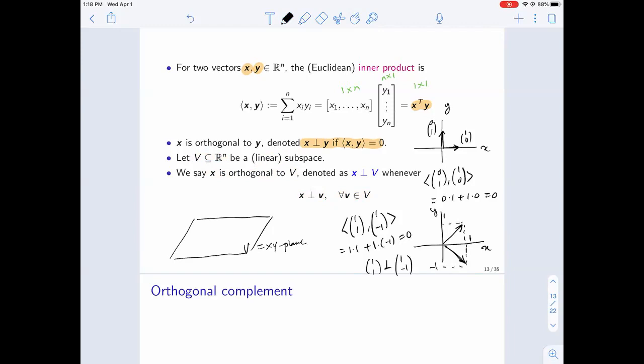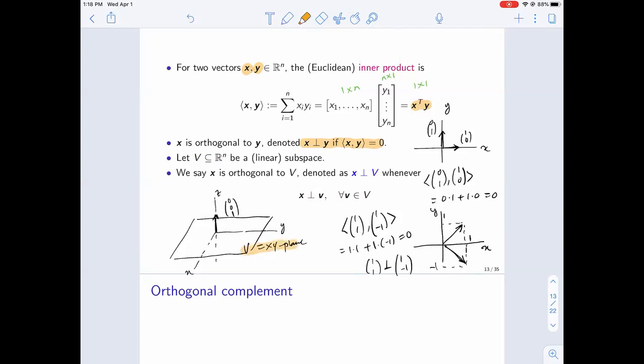So let's say this is the x-axis and this is the y-axis. Can you give me a vector which is orthogonal to this subspace? 0, 0, 1. Yeah, so that would be this vector, the unit vector in the z direction, which is orthogonal to anything in the xy plane.